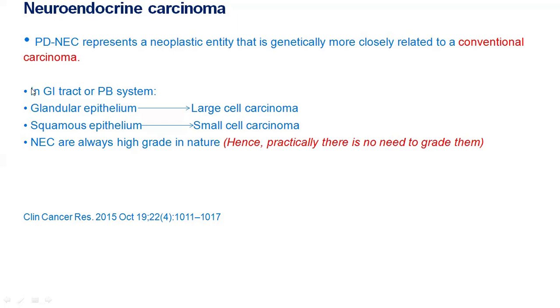Especially in the GI tract, or even in the pancreatobiliary system, glandular epithelium can give rise to large cell carcinoma, and squamous epithelium gives rise to small cell carcinomas. It is important to remember that neuroendocrine carcinomas are always high grade in nature. So practically there is no need to grade them. They are always poorly differentiated, and they are always high grade.